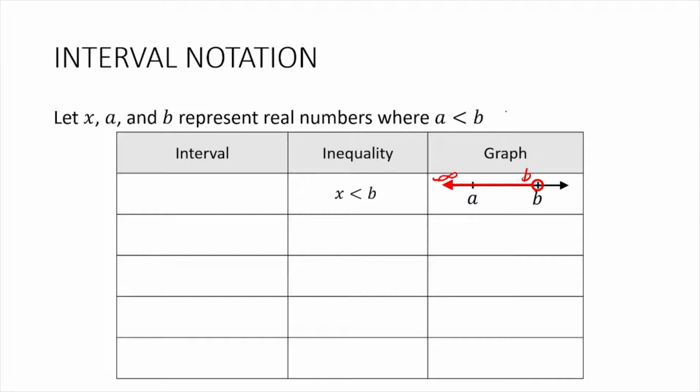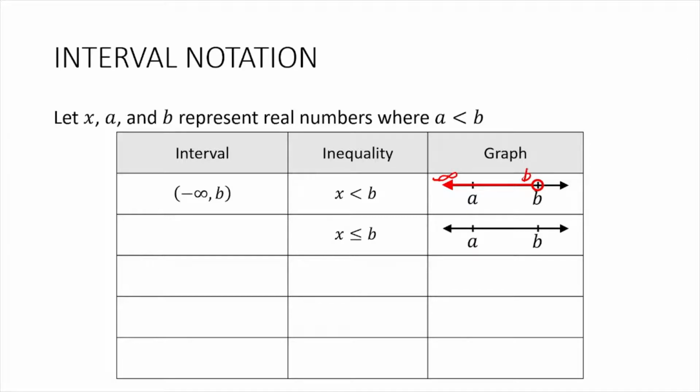We enclose them in parentheses, open and close parenthesis in this case, because both are not included. If an endpoint is not included, we use parentheses. If an endpoint or endpoints are included, then we use brackets. So let's say x is less than or equal to b.